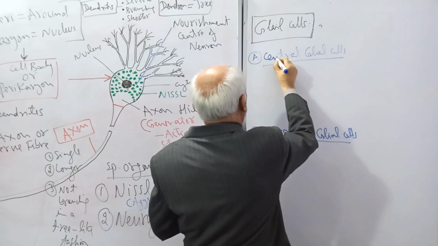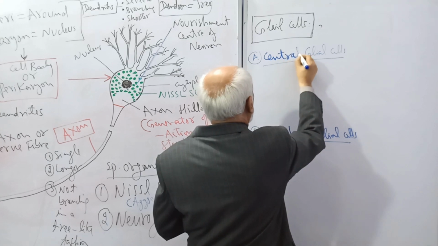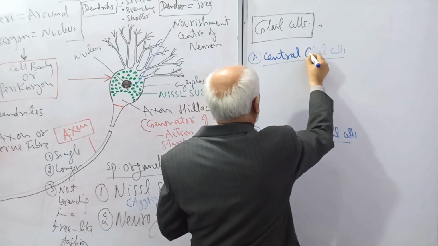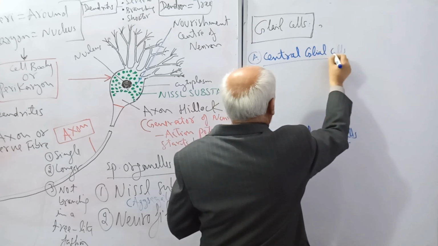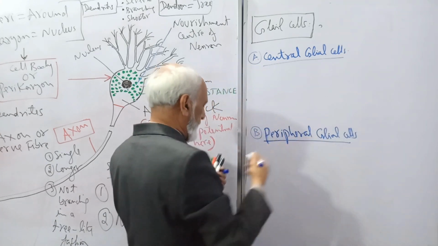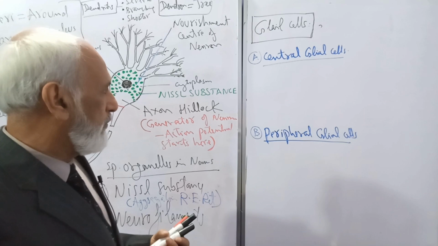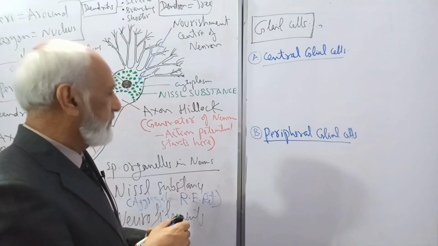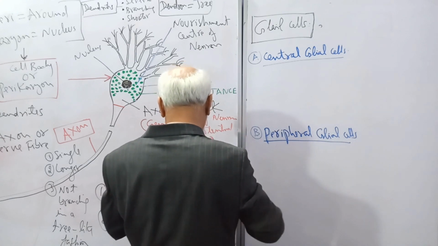Those glial cells which are in the central nervous system, that is the brain and spinal cord, are grouped as central glial cells. And those glial cells which are in the peripheral nervous system, with the peripheral nerves, are grouped as peripheral glial cells. What are these central glial cells?